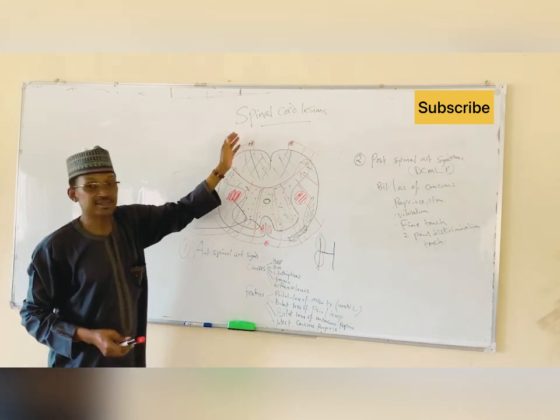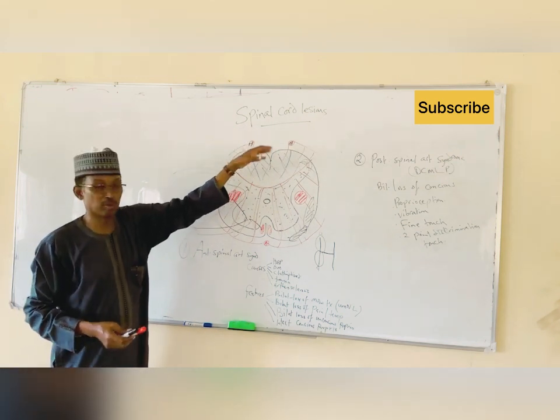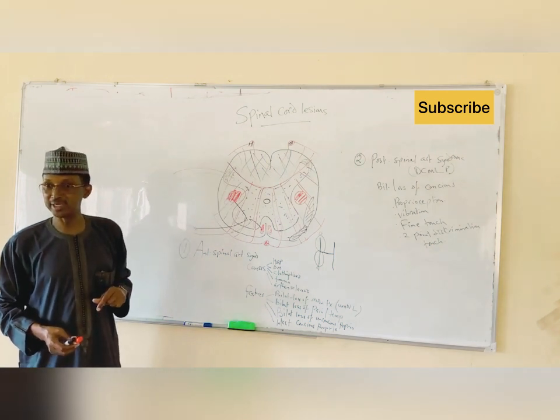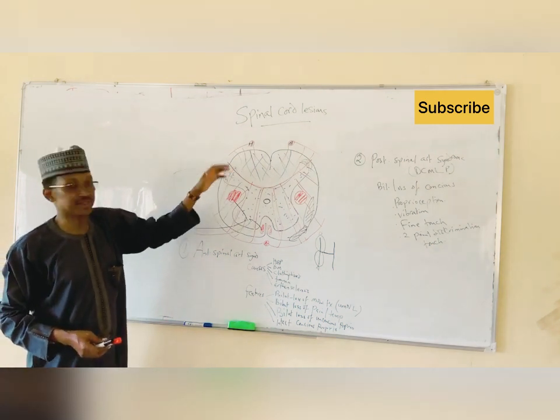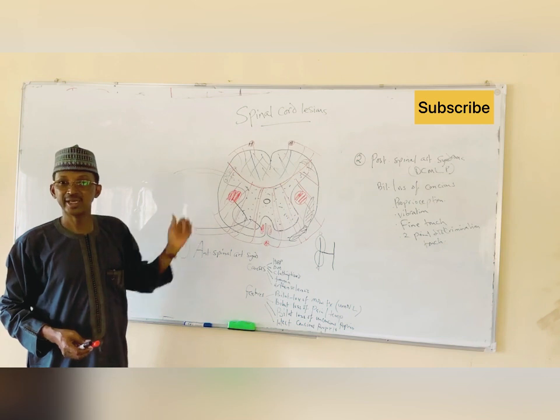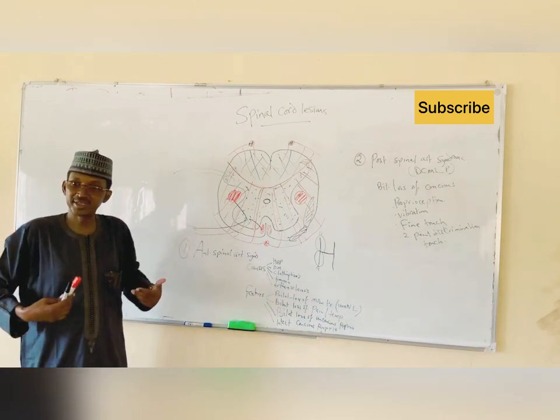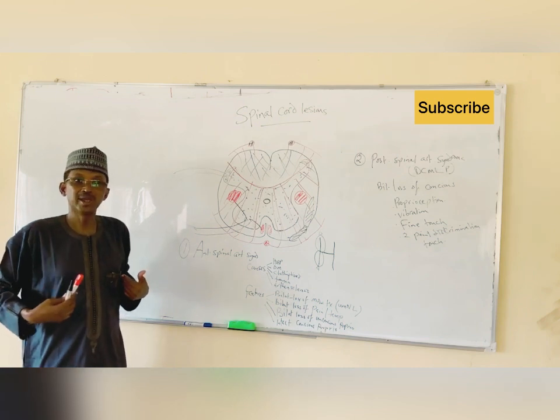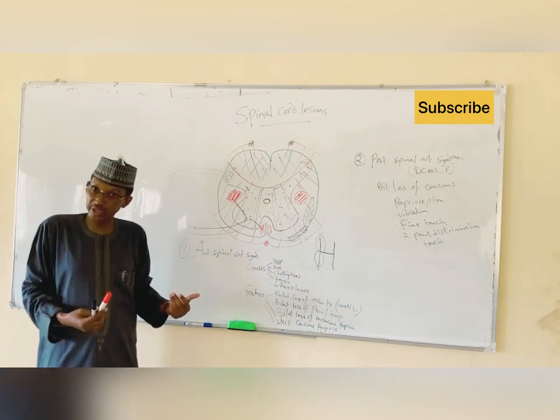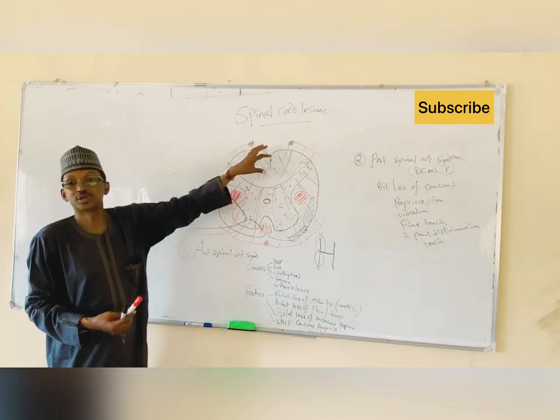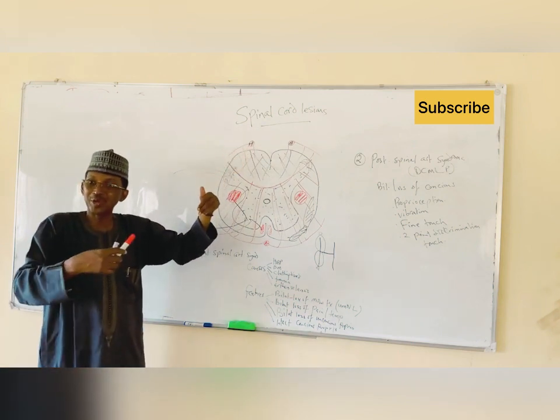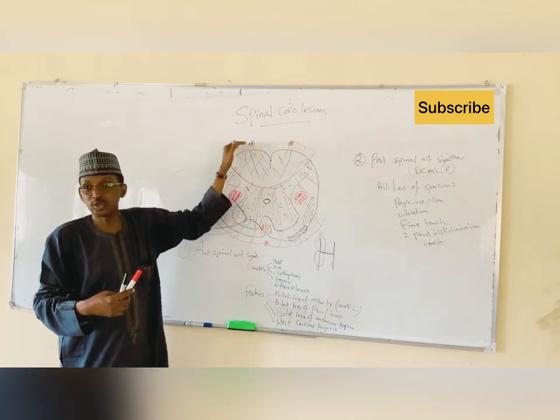Apart from that, hypertension and diabetes can also block the two arteries. You get it? And also diseases that affect the intervertebral disc at the back, like herniation of the disc and what have you, can all cause compression of the spinal cord at the back, thereby compressing these two spinal arteries.